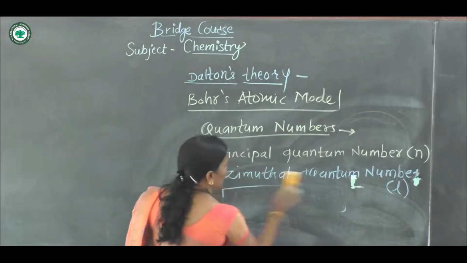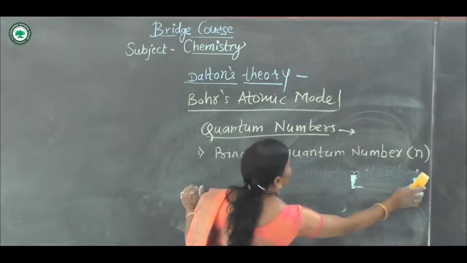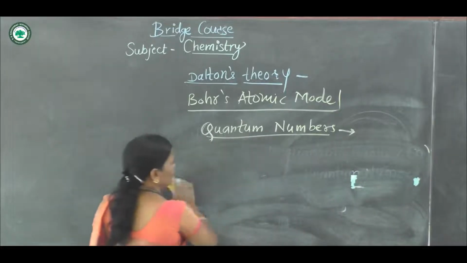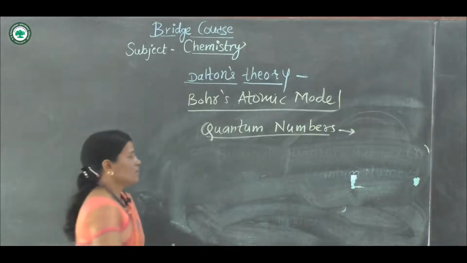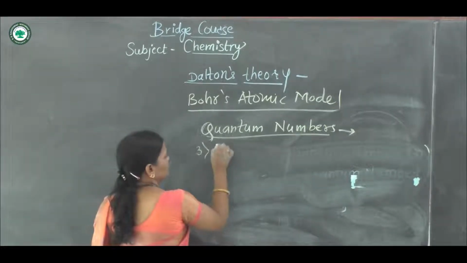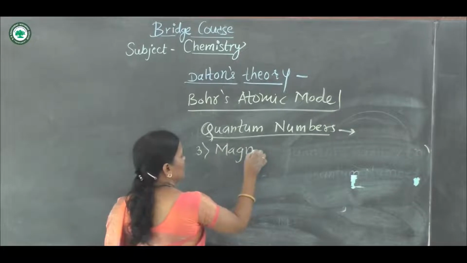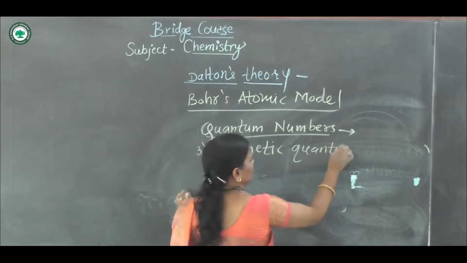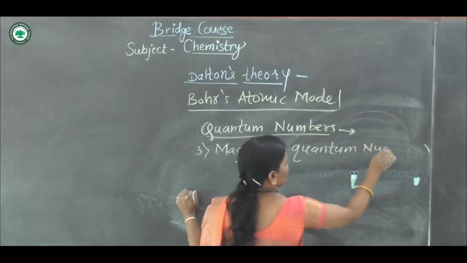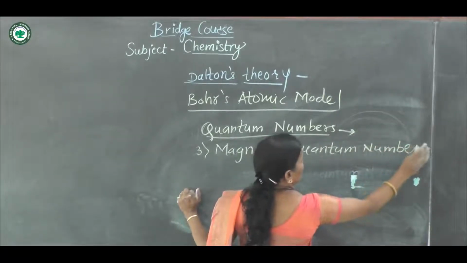Now how many suborbitals are present? That can be found with the help of magnetic quantum number, denoted by small m.